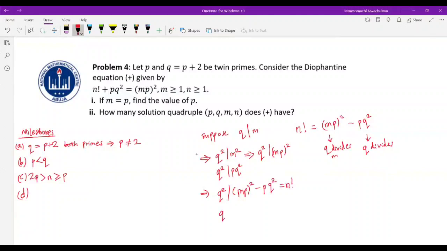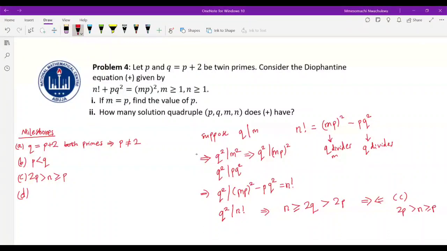So as before, this implies that q squared divides n factorial, which implies that n is bigger than or equal to 2q. But 2q is bigger than 2p. So this is a contradiction from fact C, that 2p is bigger than n, which is bigger than p.